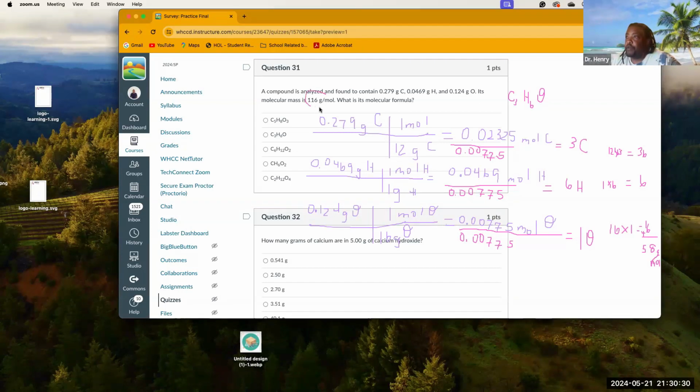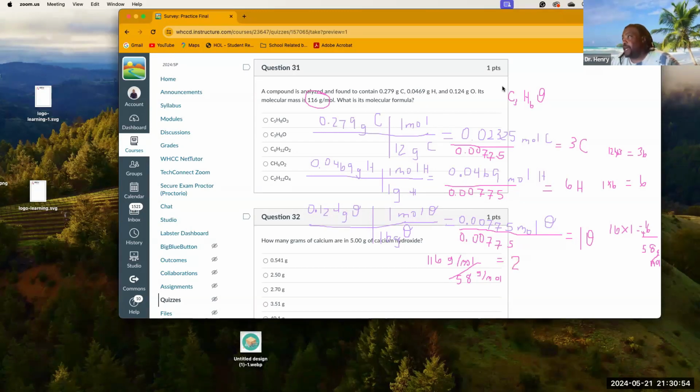So we have its molecular mass. We're going to take that 116 grams per mole and divide it by our 58 grams per mole. And that should equal 2.